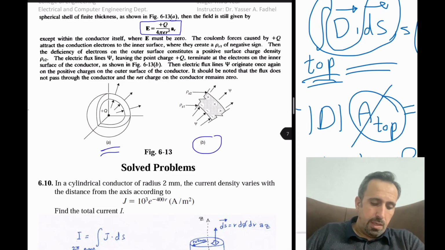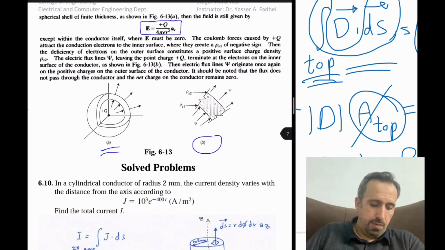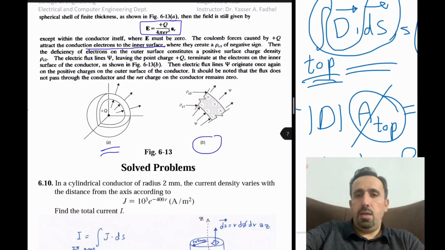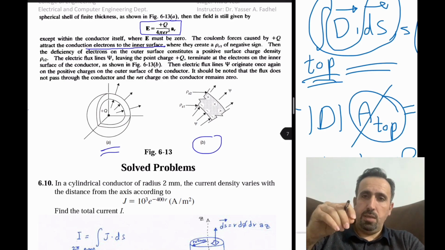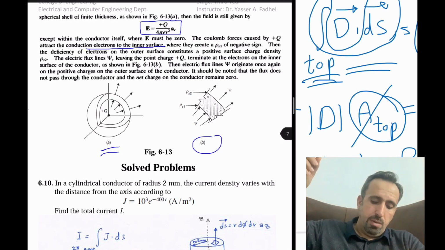The electric field intensity, or if you think about Coulomb force produced by having this charge at the center of this sphere, will attract the negative charges, or electrons, to the inner surface, as shown here. So the positive charge at the center will attract the electrons to get down to the lower surface of this shell.